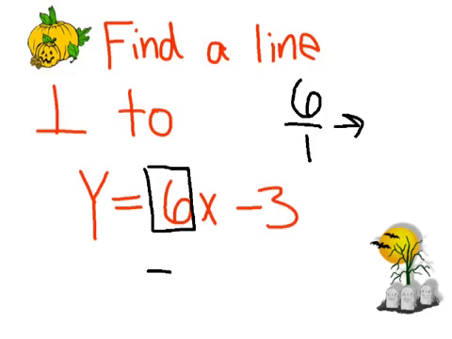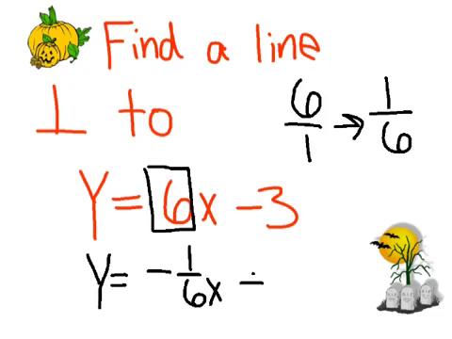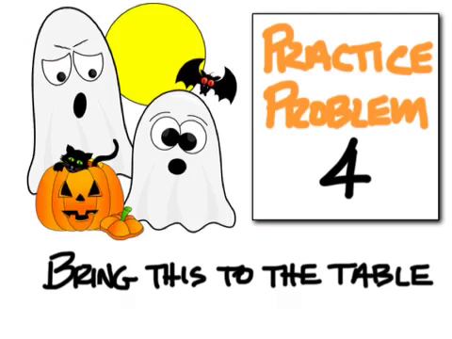We have 6 over 1. What's the reciprocal of 6 over 1? 1 over 6. So our new equation is going to be y is equal to negative 1 over 6x plus our y-intercept, which can be different. It can be whatever you decide you want it to be.